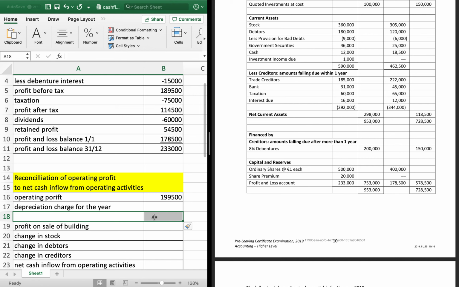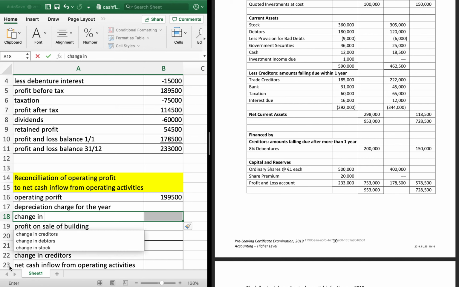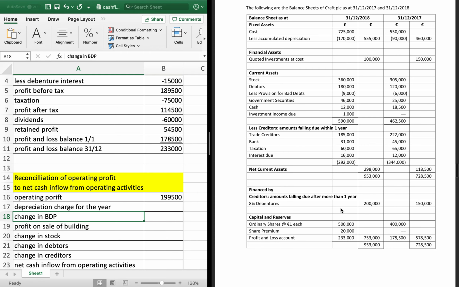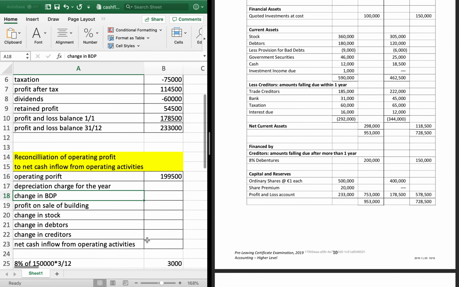I just noticed there's a bad debt provision, so I want to be aware of that. Is there any other ones maybe? It's depreciation. There's no goodwill. No, we're fine there by the looks of it.